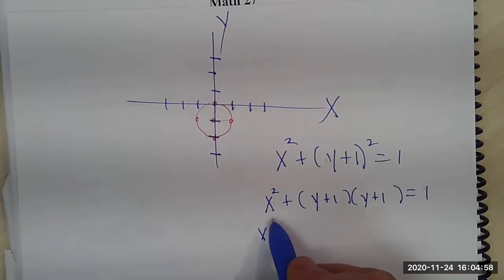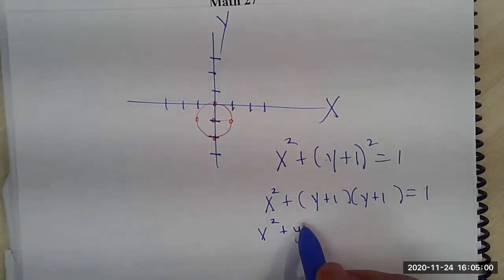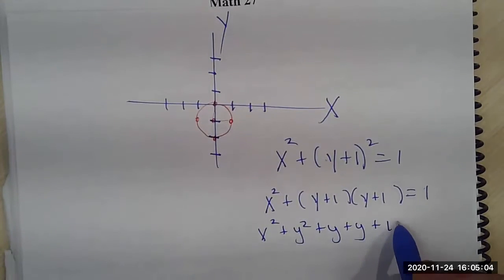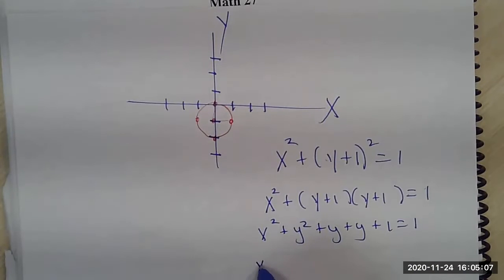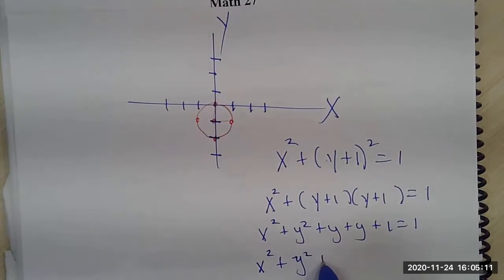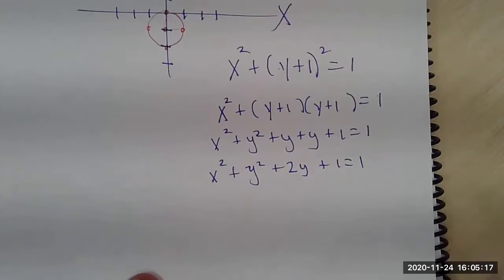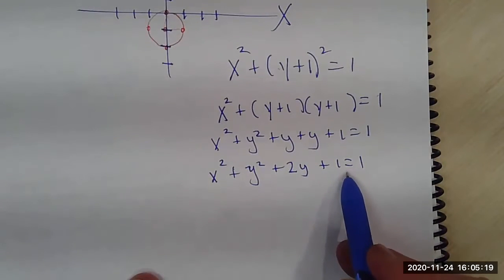And then you've got to do a little bit of work. y squared plus y plus y plus 1 equals 1. x squared plus y squared plus 2y plus 1 equals 1. Now the ones go away, they'll subtract.